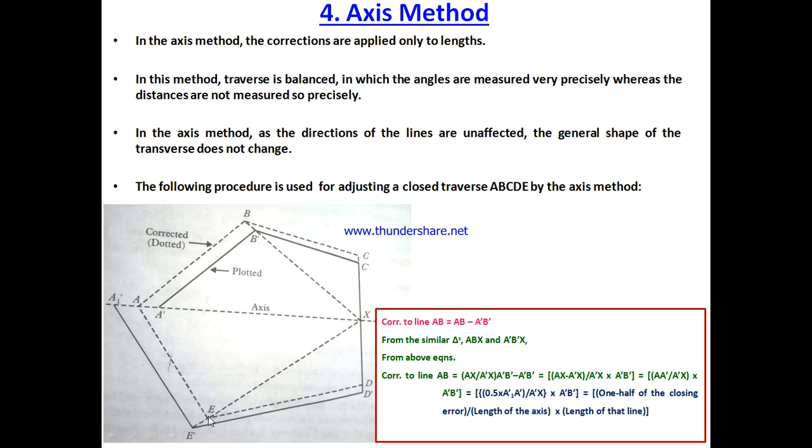Now from that point E, I will draw a line parallel to E dash D dash, which is the last line of my traverse, because all the other corrected traverse lines we have already determined.